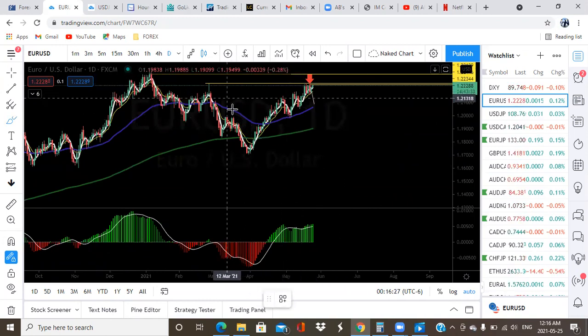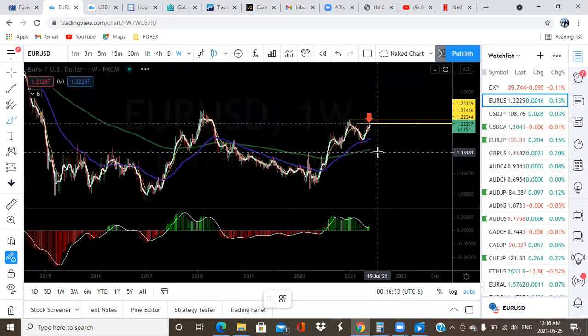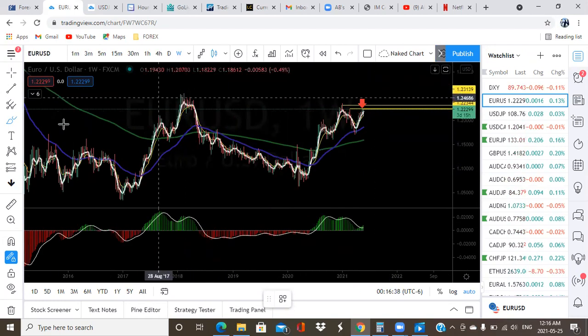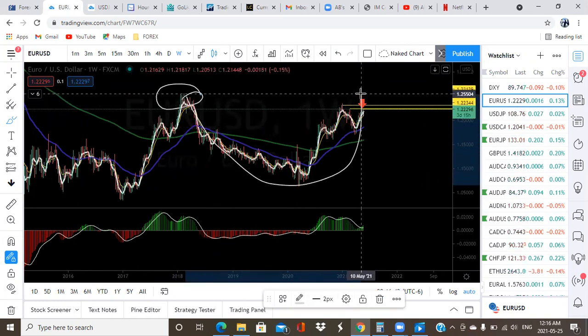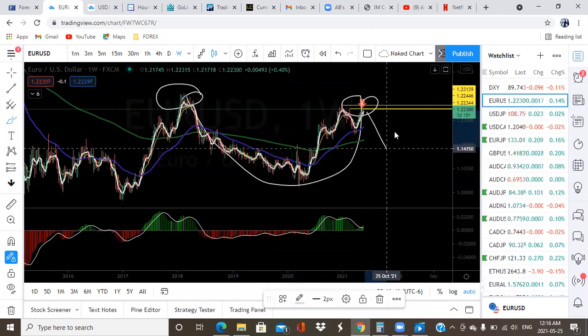I marked up the chart with Stevenson Lindo earlier today. So this is the weekly here. Based on what we use, this is a break test on the weekly. Euro USD, which we are expecting to go down.